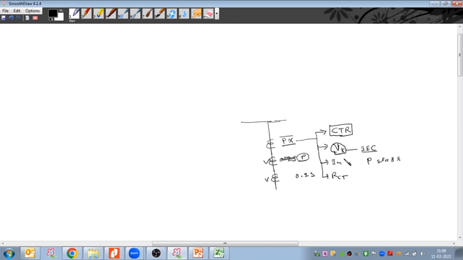Basically we are calculating the required knee point voltage as per the relay, and the CT knee point voltage should be more than the required knee point voltage by the relay. So we start with the relay, do the calculations for the relays, and accordingly decide the CT knee point voltage. All these things we discussed in class day 12.